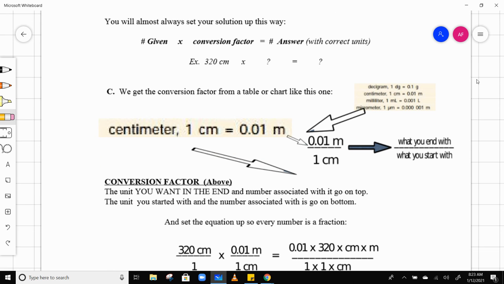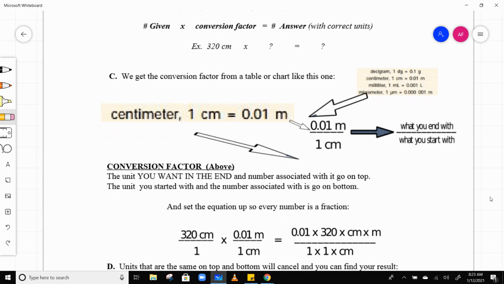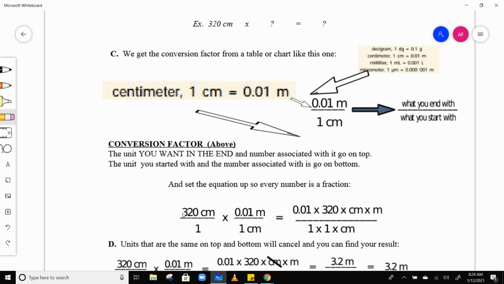So for example here, if we have 320 centimeters and we want to get meters, we put the relationship of meters to centimeters here, because centimeters is on top here, so it's on the bottom here. They're always going to be opposite of one another. The centimeters cancel with centimeters, so units cancel. It's not the numbers that are canceling, it's the units. And then you multiply across.